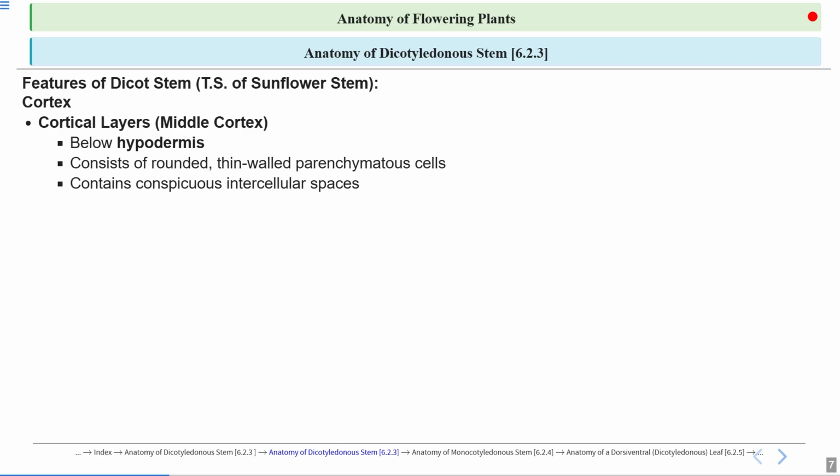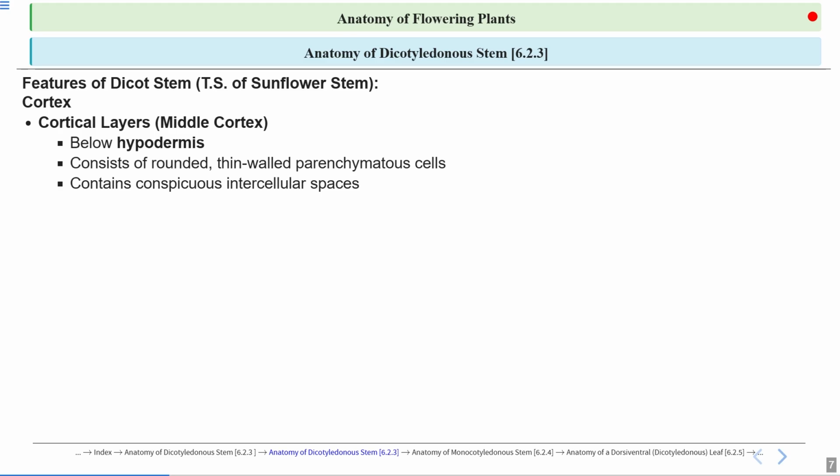They contain conspicuous intercellular spaces, meaning they do have spaces in between, because they are round-shaped parenchymatous cells. When the cells are round, the walls of adjacent cells will not fit perfectly and some space is left behind. That is why they have intercellular spaces.